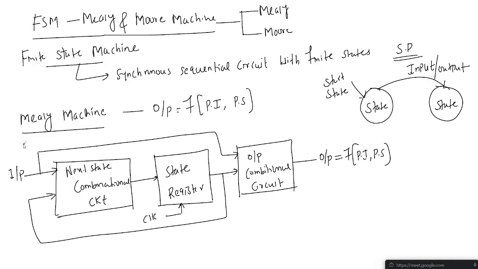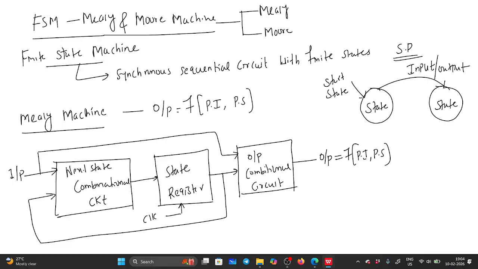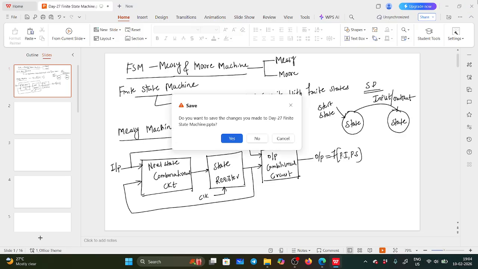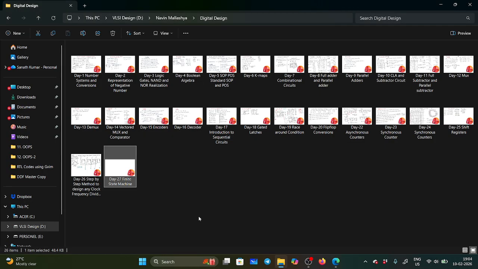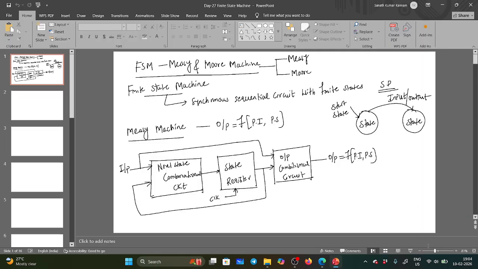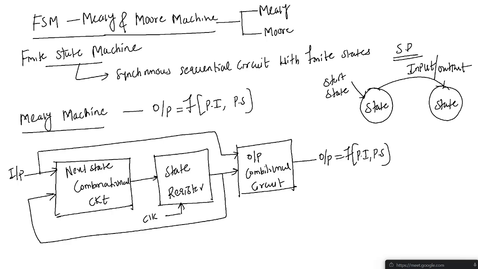Did you understand this? Input and output are written like this on the transitions between the states.